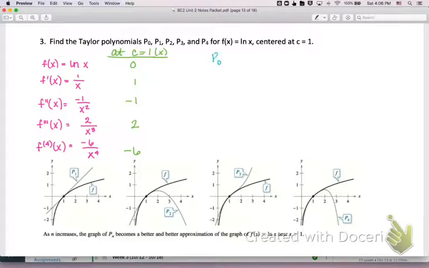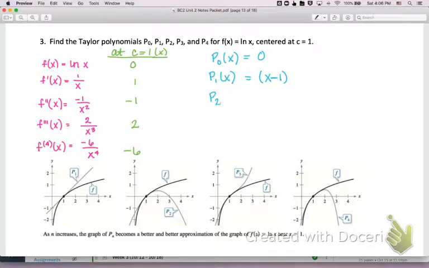So P0 of x. Remember, the first term is always just your first number, so that's going to be 0. Done. P1 of x is going to be 0 plus the first term, x minus 1 to the first power over first factorial, so that's all we get.